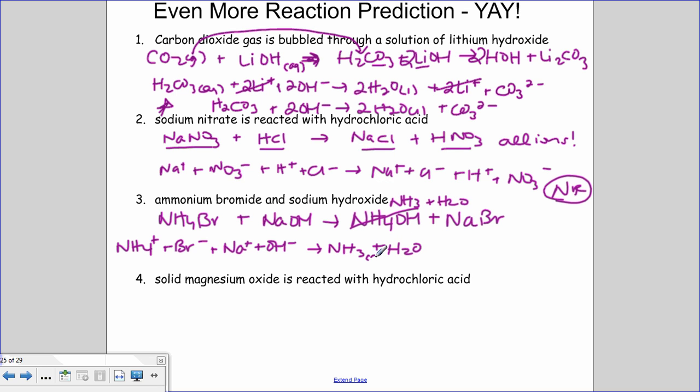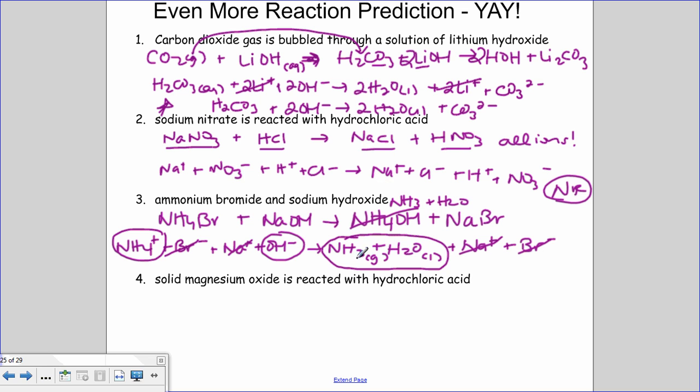Both of this is a gas and this is a liquid. Both of those are not going to be ionized, but the sodium bromide will. So we can cancel the bromide, we can cancel the sodium, leaving us with, I can't really rewrite this, I don't have space. Ammonium plus hydroxide yields ammonia and water.